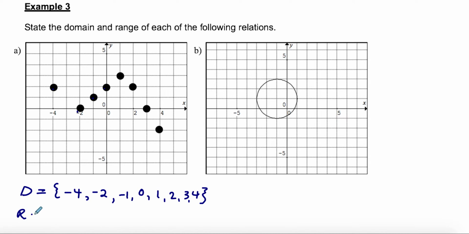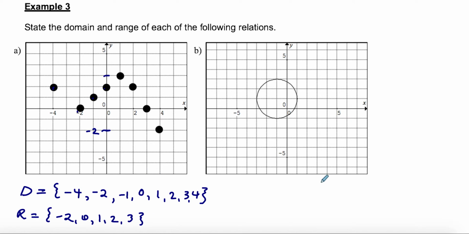And for the range, I'm going to list all of my y values. So vertically, this first one, for example, is at 2. The lowest one I see here is at -2 vertically. So vertically, I am listing all of my values. The highest one is 3 and the lowest one was -2. So this is how I would list the domain and range when I have distinct points.